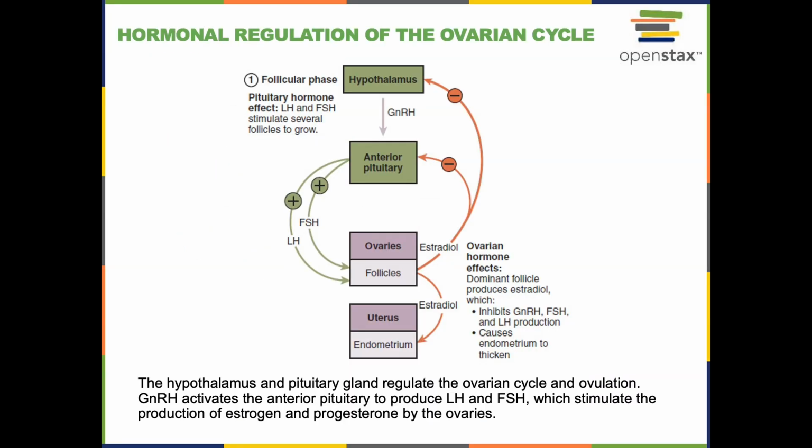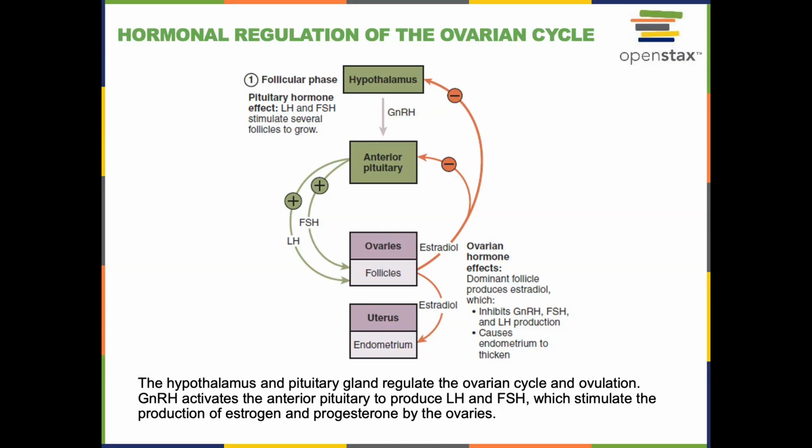The ovarian cycle is regulated by the endocrine system. The hypothalamus produces gonadotropin releasing hormone to stimulate the anterior pituitary gland to produce luteinizing hormone and follicle stimulating hormone. Luteinizing hormone will stimulate the production of estrogen.